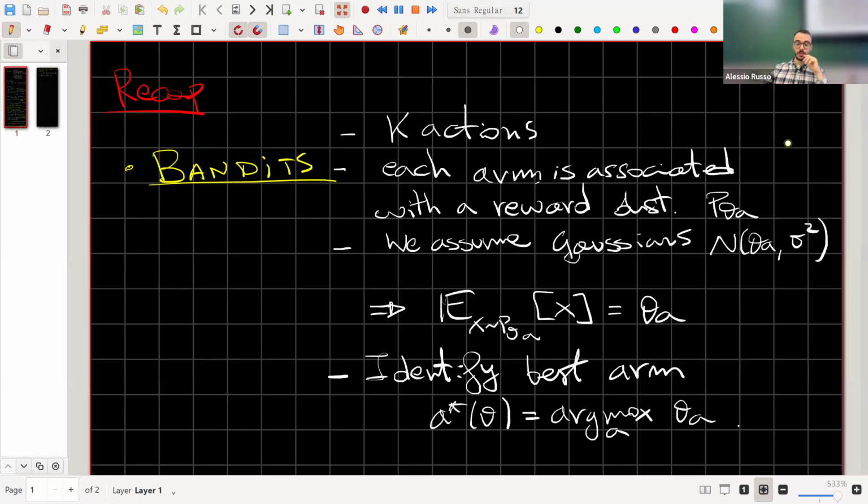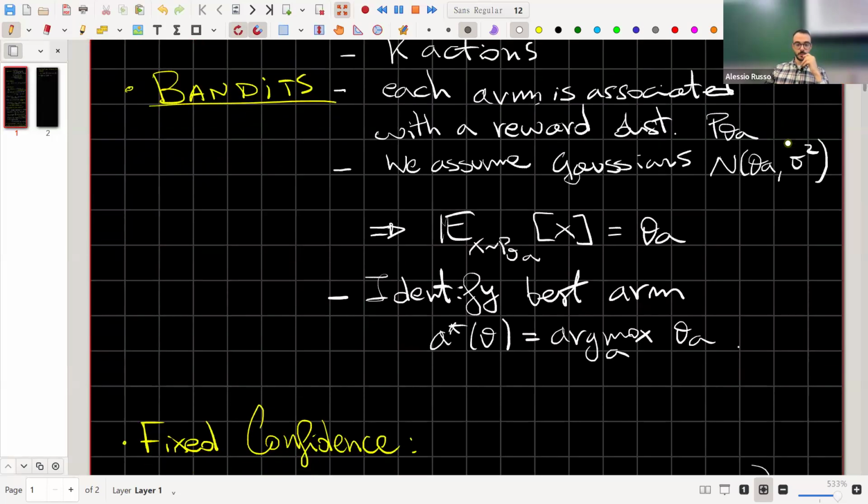We make the simplification that this distribution is simply a Gaussian of mean theta a and fixed variance sigma squared, so that the expected value of the reward is exactly theta a. And our goal is to identify the best arm, the arm with the largest mean value, that we denote by a star theta.